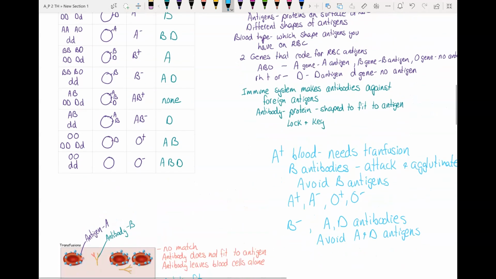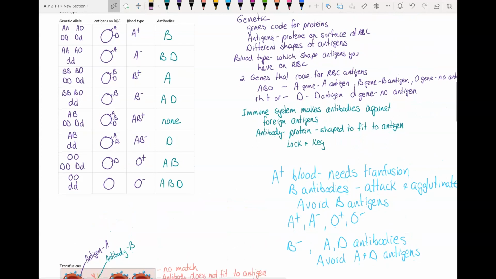So let's go through our list. A positive, well, it has both of them, A's and D's, so you can get lots of agglutination. A negative, it has A's, you'll get agglutination. B positive, it has D's, you would get agglutination. B negative, yes, no A's, no D's there.